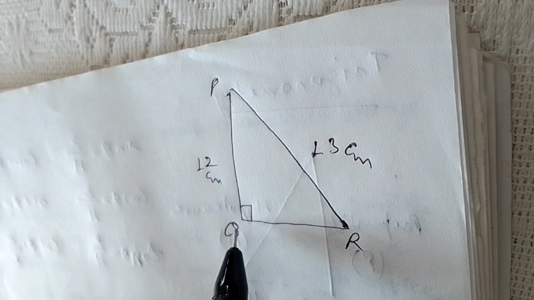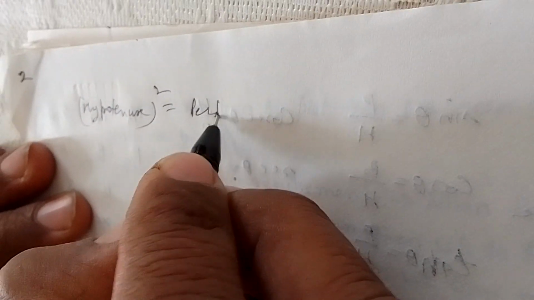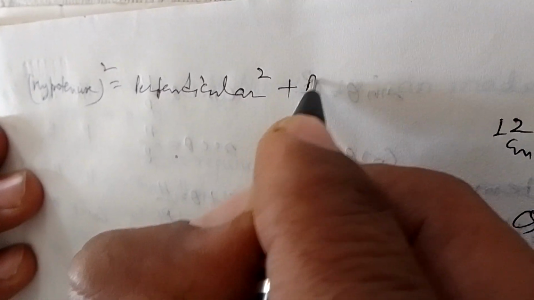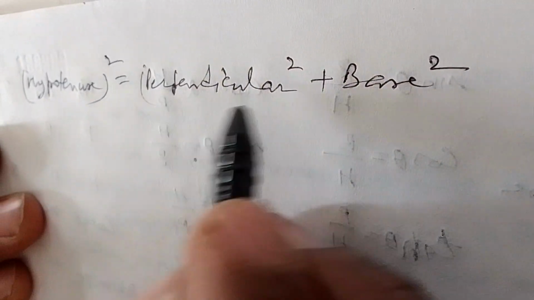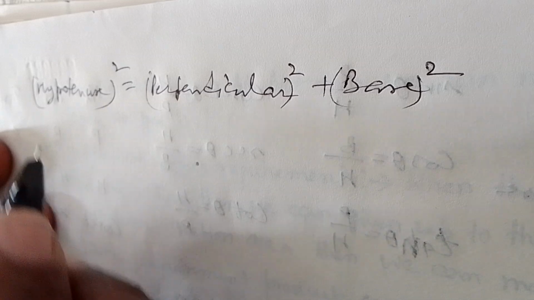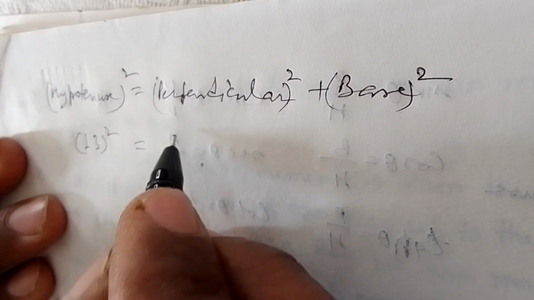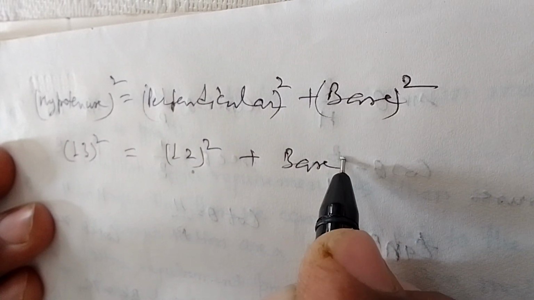We have to first calculate QR, since we know that hypotenuse square is equal to perpendicular square plus base square. In this case we know the value of hypotenuse, 13 square is equal to perpendicular square 12 square, plus the base square.